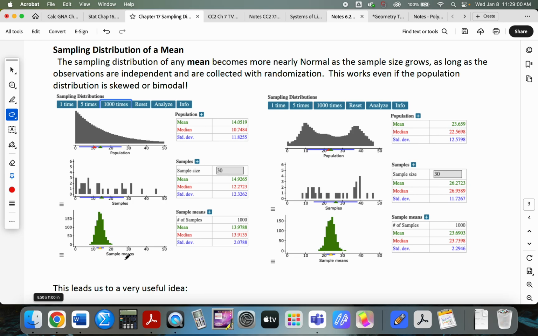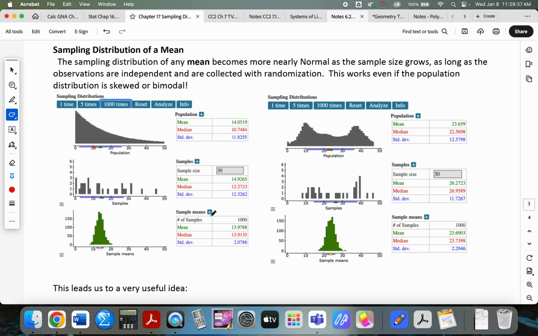So what's the difference between the second and third graph? This graph is just, I have taken 30 samples, and I have found the mean of each sample. Now I'm going to take all of those sample means and put them together.